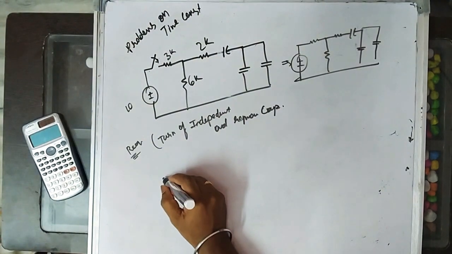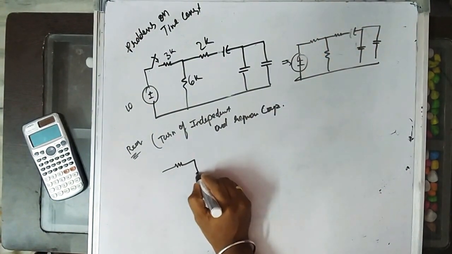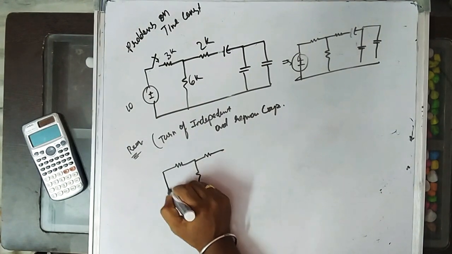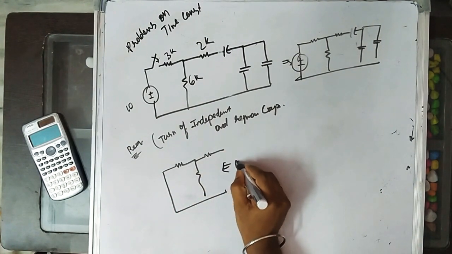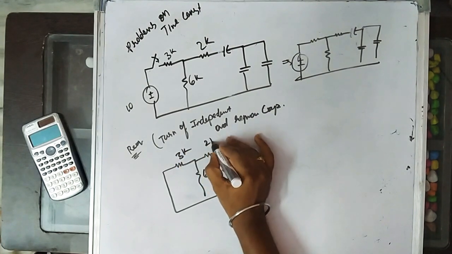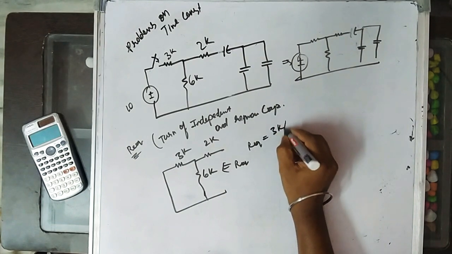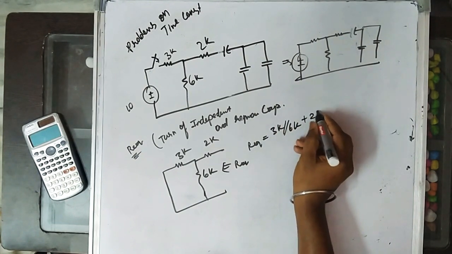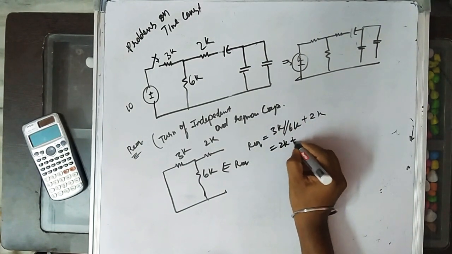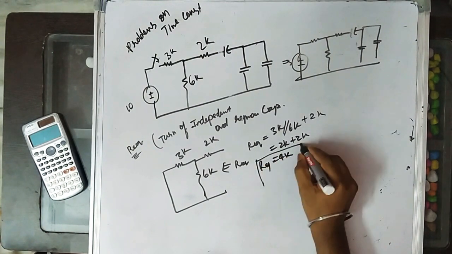Now we get a circuit like this, with 6K, 3K, 2K. R equivalent equals 3K in parallel with 6K, plus 2K. That's 2K plus 2K, which is 4K. So R equivalent is 4 kilo ohms.